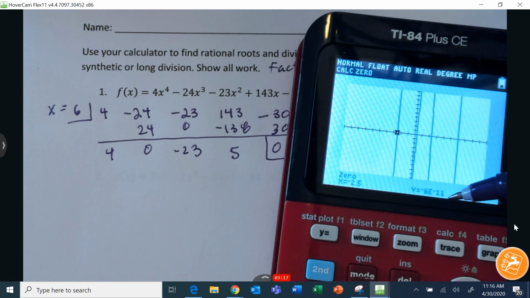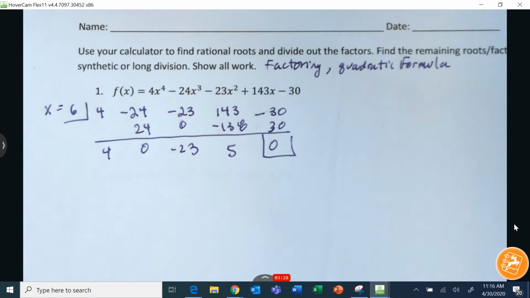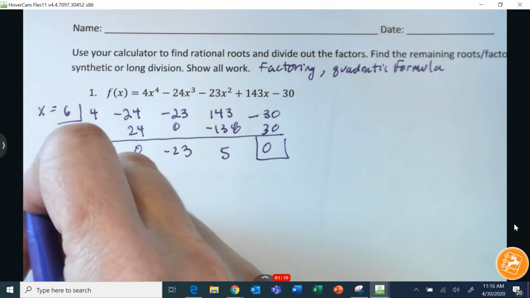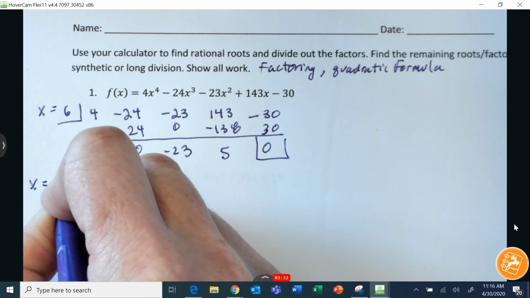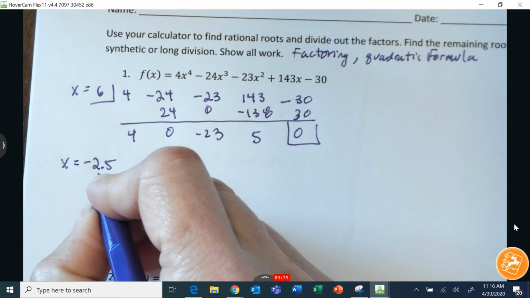Sometimes the calculators will do this E thing, and I don't know why it's off by a tiny bit, but this basically is telling you it's 0. So -2.5 will be our next one. But we can't use it in decimal form because when we factor, we don't have decimals.